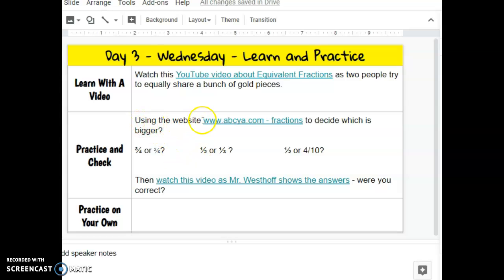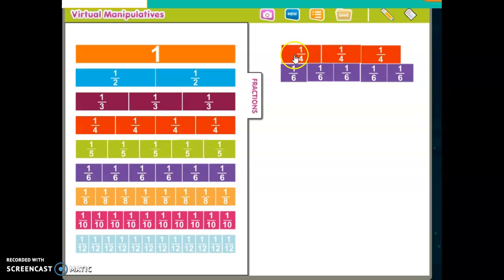Alright, so using the website abc.com fractions to decide which is bigger, 3/4 or 5/6. Well, right here, once again, I lined them up perfectly on the left side to start at 0 and work my way to 1 whole, and I see that 3/4 is smaller than 5/6, or I could say 5/6 is bigger than 3/4. So we know 3/4 is less than 5/6.